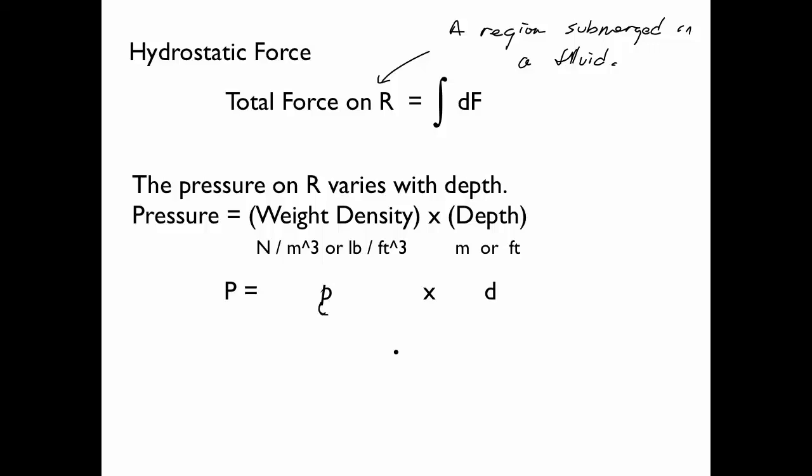What will the units of pressure be if we're saying newtons per meter cubed times meters? It'll be newtons per meter squared. That's pressure. Or pounds per foot squared. That's your pressure unit.